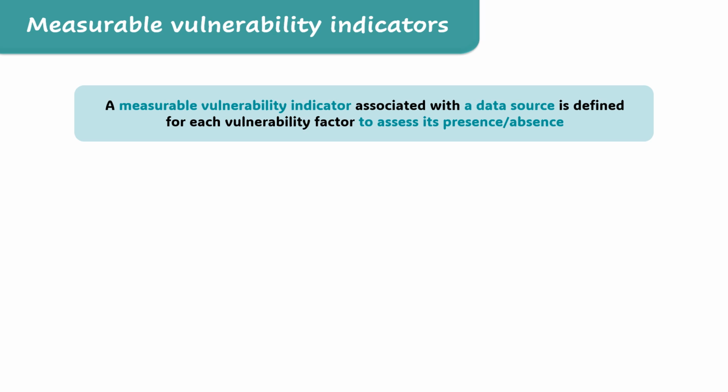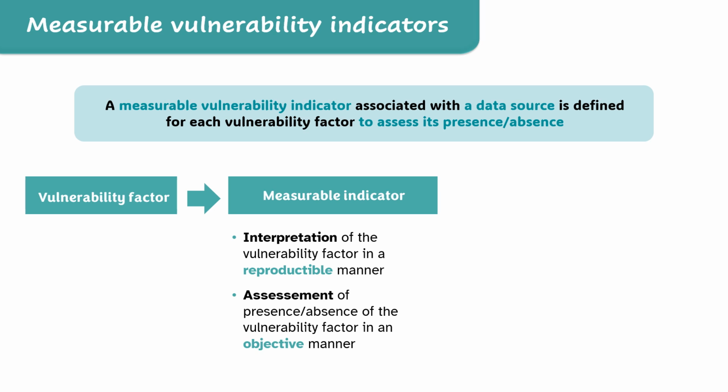Once the list of vulnerability factors to be considered in the PAMI analysis has been established, the next step is to define a measurable vulnerability indicator for each vulnerability factor in order to assess its presence or absence at the geographic unit level. Each measurable vulnerability indicator should be associated with a data source.